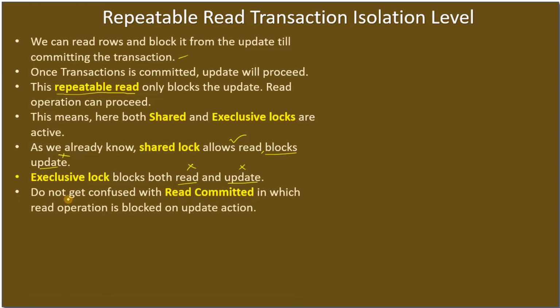Do not get confused with read committed. That's the default, in which read operation is blocked on update action. Here in repeatable read also, the read operation is blocked on update action.